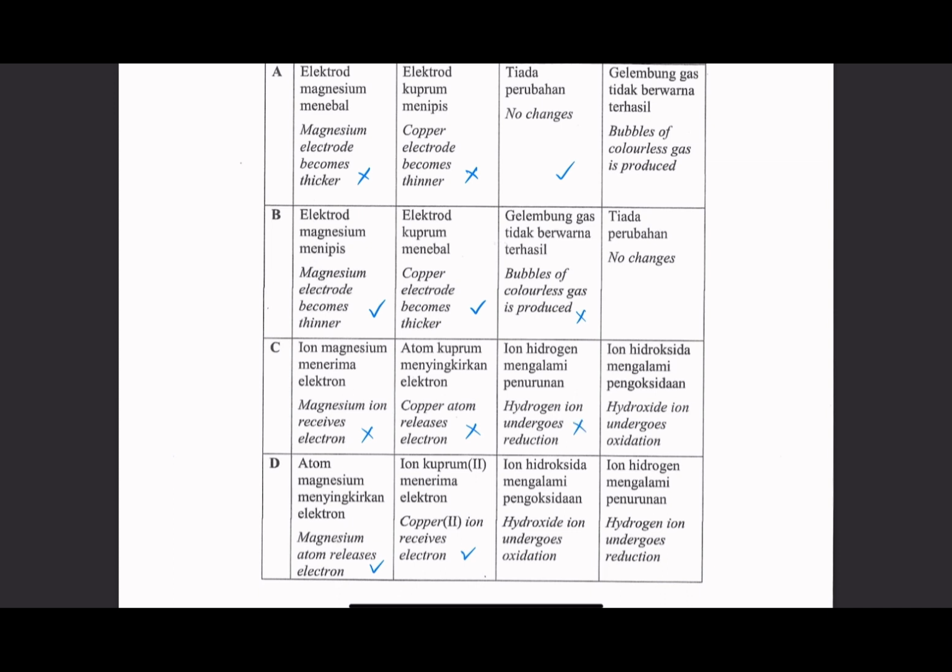No. Hydroxide undergoes oxidation. Yes, hydroxide is discharged and oxidized. And then at carbon Y, the hydrogen ion is discharged. Bubble of colorless gas produced. Yes, the hydrogen gas. Hydroxide ion. No. Hydrogen ion undergoes reduction. Yes. So the answer is D.